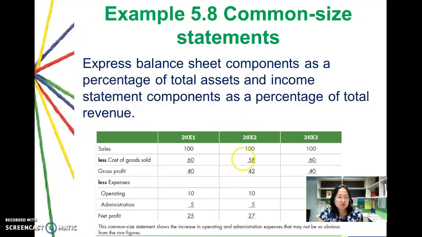Because the cost of goods sold is lower, it generated higher gross profit in year 2002, and that comes up to the net profit also being higher, because we assume that all other expenses are the same between the 3 years.